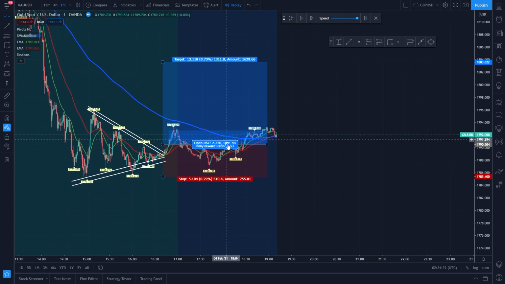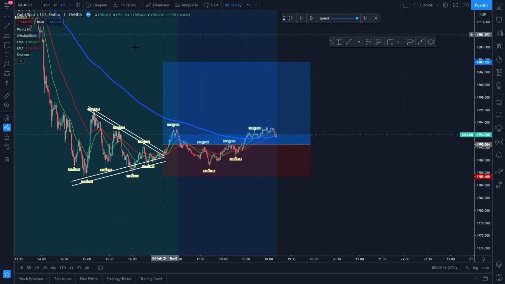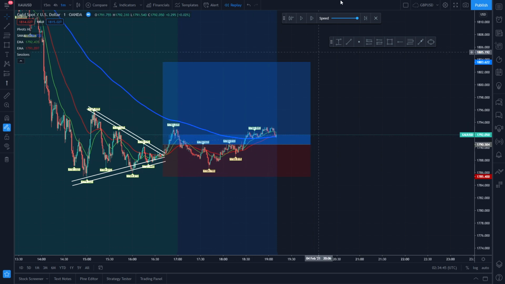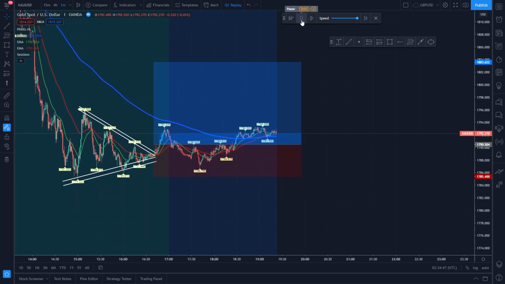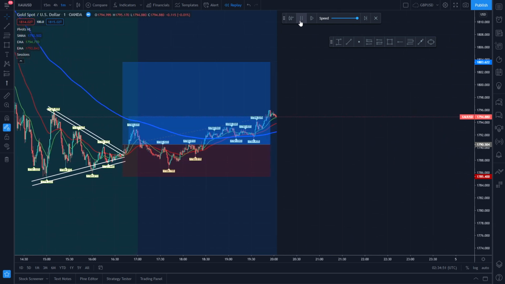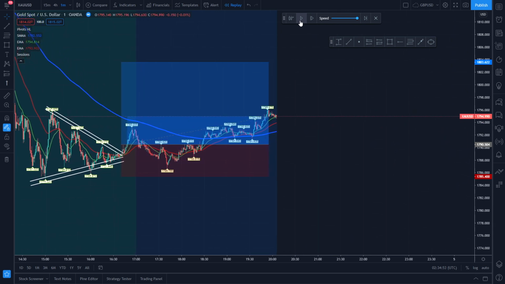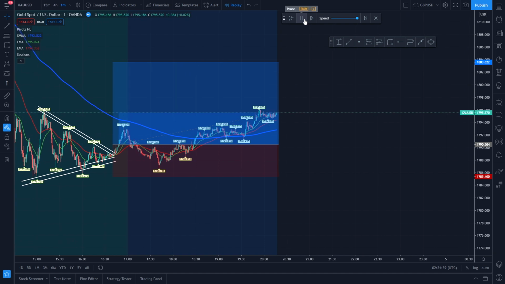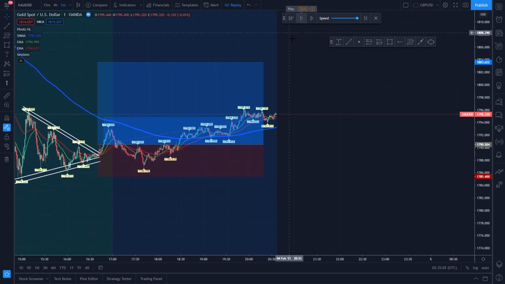So this is where your losing trades come from. You guys are trading in a bad period and you guys are just getting caught in this consolidation. So be very mindful of that. Okay. I like to trade the beginning of London and only the first 3 hours of the New York session. And then I don't trade gold anymore. So keep that in mind.